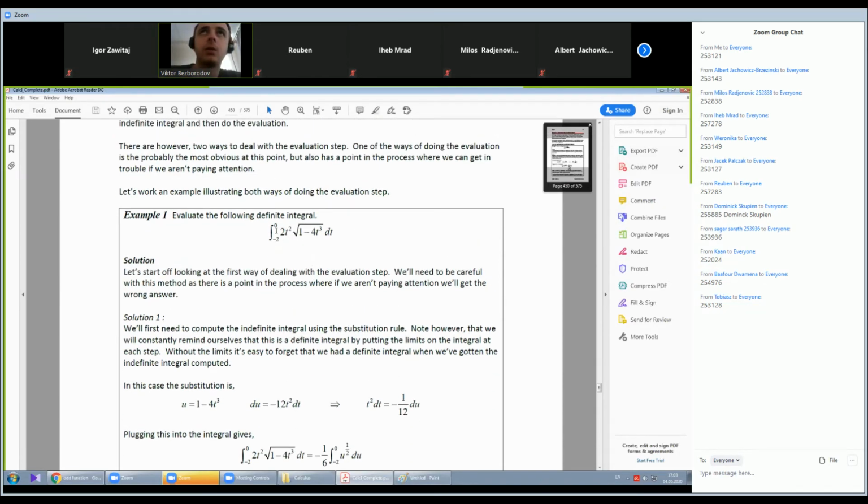Okay, so you have this integral. First of all, we need to make sure that this thing is well defined, that it is continuous and defined. So we have here a square root, and the square root is defined for non-negative arguments, right?